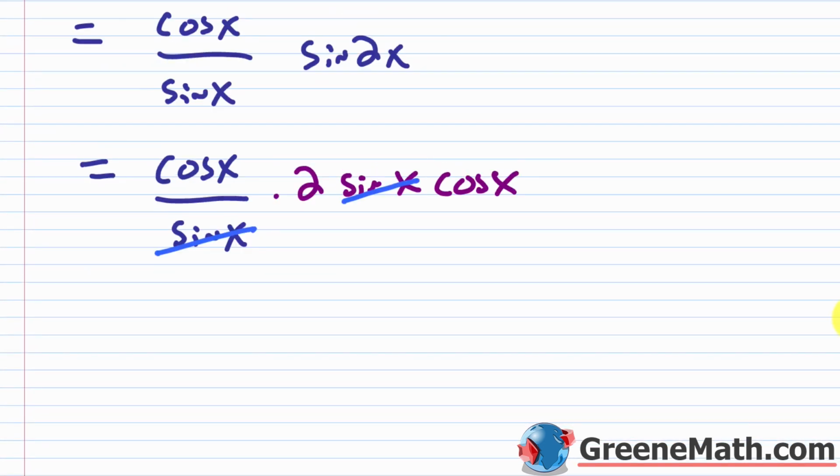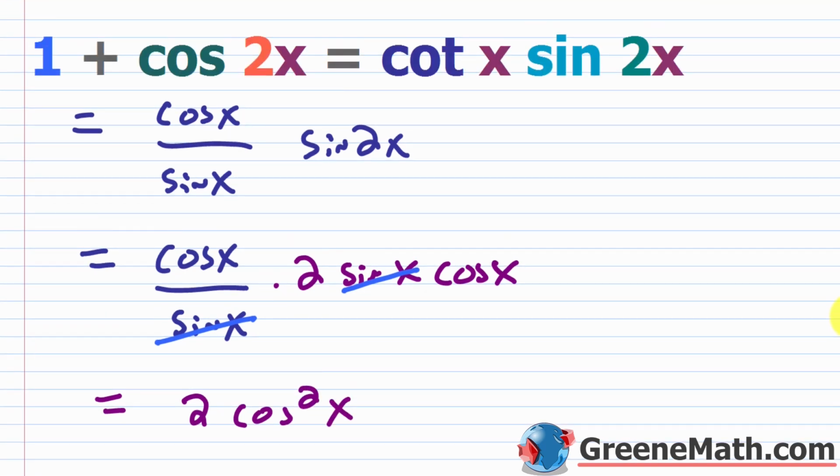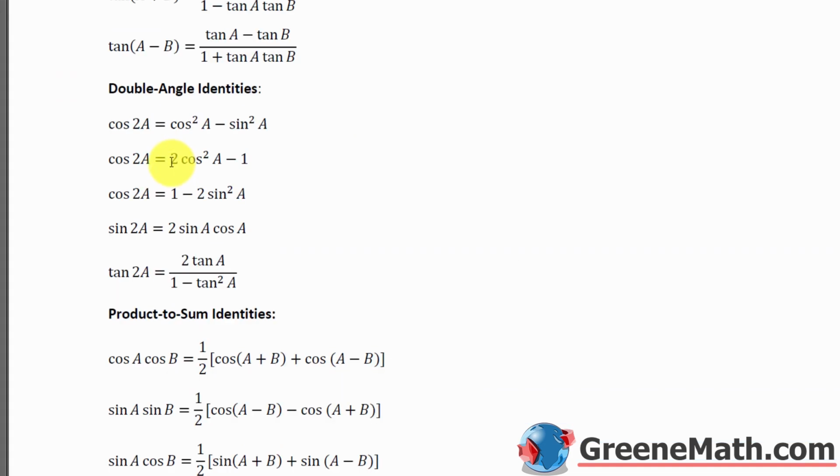So let's come down here a little bit, okay? And let's go ahead and put our equal sign. And now basically what I'm going to have is 2 times cosine squared of x. So you might think you have a little stopping point here because I'm trying to get 1 plus cosine of 2x. But again, if you look at your identities, you're going to find something that can match. So right now we have 2 times cosine squared of x, okay?